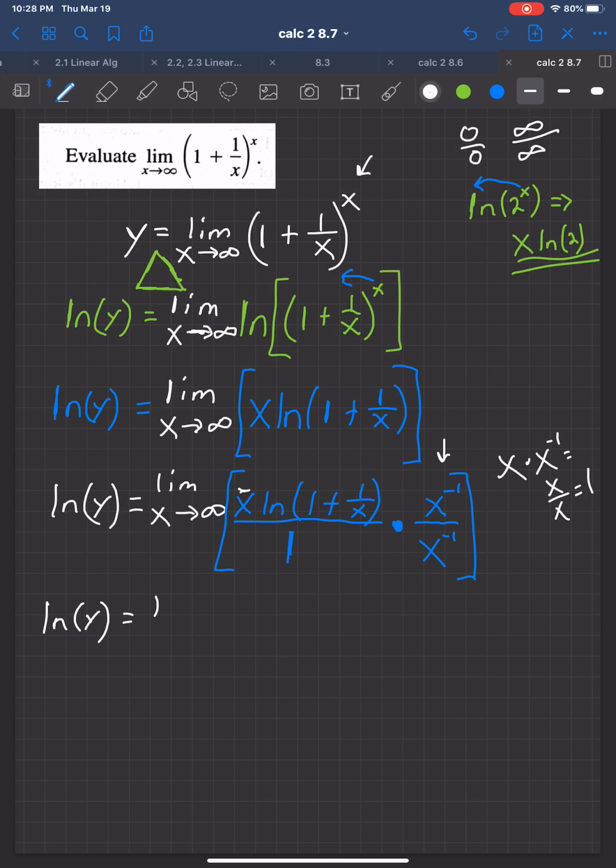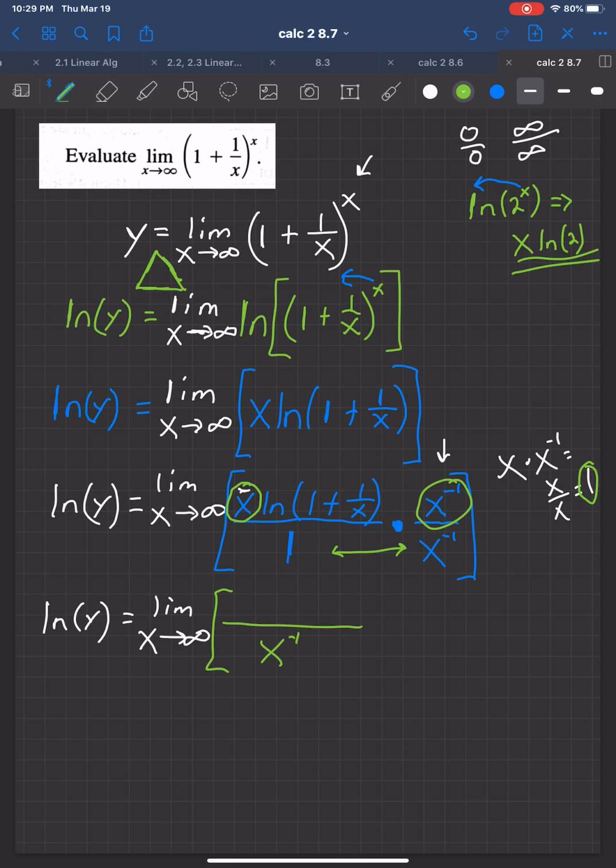So let me rewrite what we had. And now let me go ahead and rewrite what has changed. Now we're going to have 1 times x to the negative 1, so now I have x to the negative 1 in the denominator. And remember what I just said, that this x multiplied by this x to the negative 1 is just equal to 1.